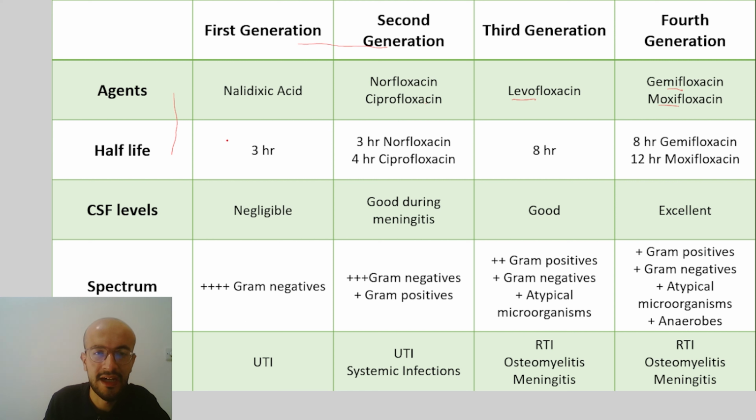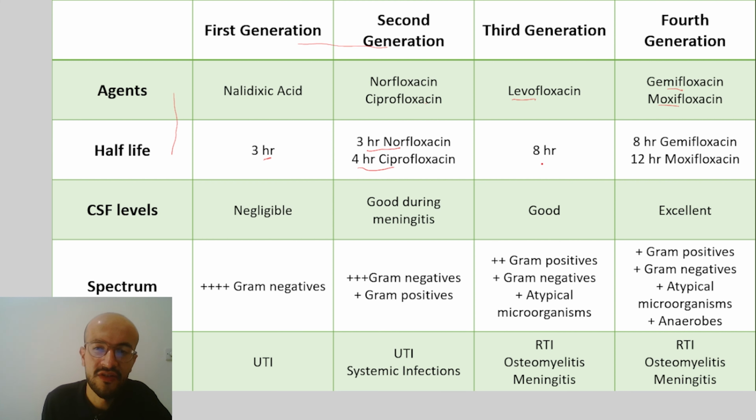For the half-life, the first generation has 3 hours, but it does not attain significant plasma concentration. For the second generation, 3 hours for norfloxacin and 4 hours for cipro, plus the post-antibiotic effect.